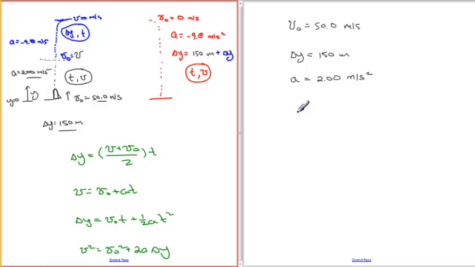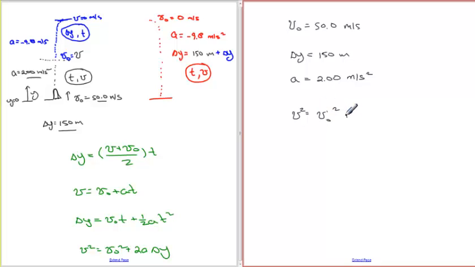So let's go ahead and calculate, actually, I think we're going to calculate V first. So V, we could use this equation. So V squared is equal to V0 squared, oops, put the 0 in the wrong place there.